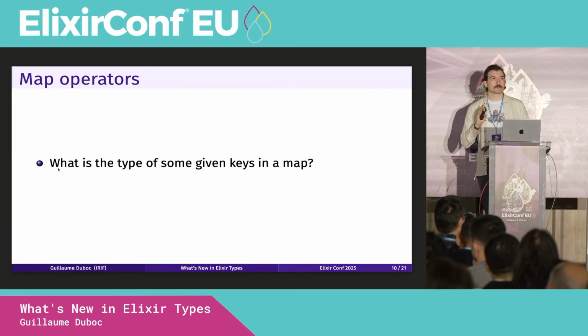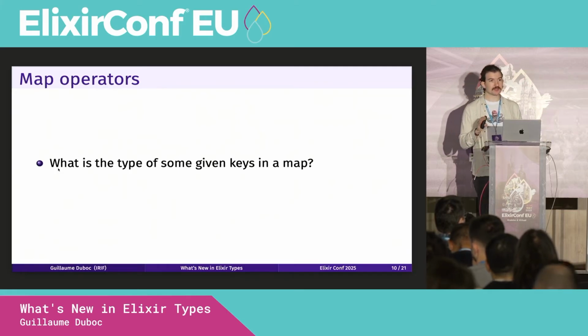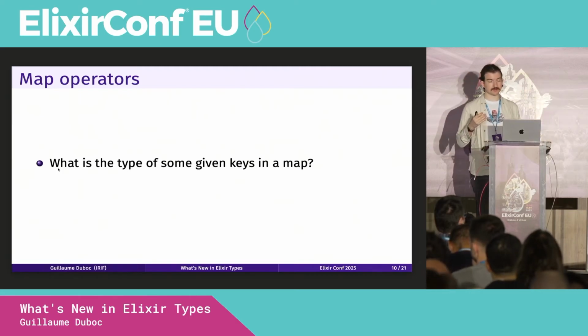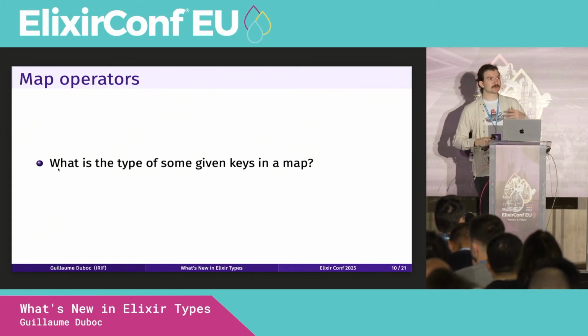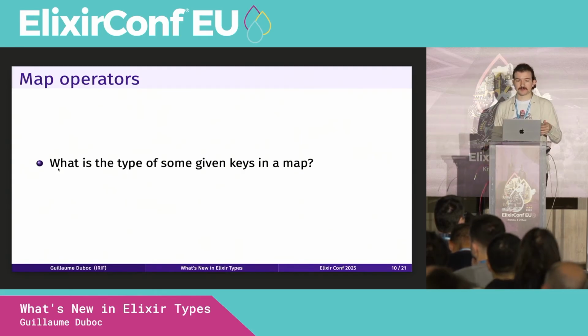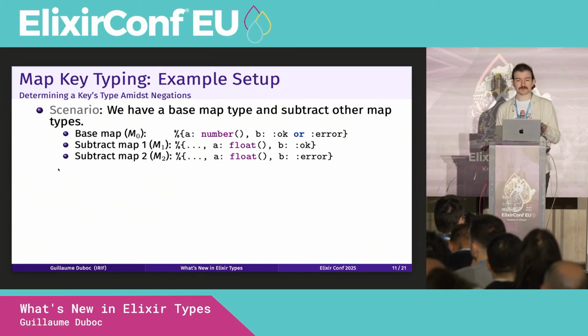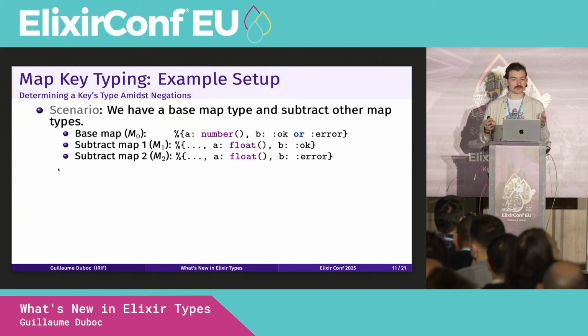So the representation for maps is a bit complex, but we need to make sure that you can trust the operations that you do on it, or rather, you can trust what the type system presents you about them. So, for instance, let's say you have a base map which has two fields.